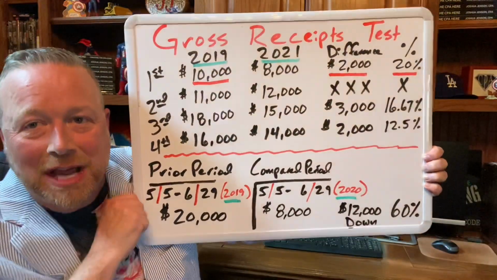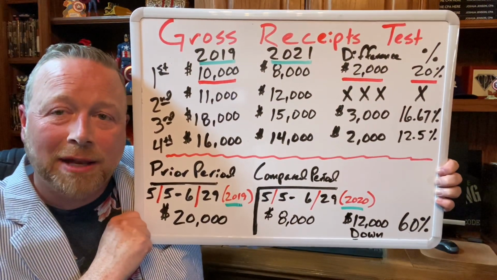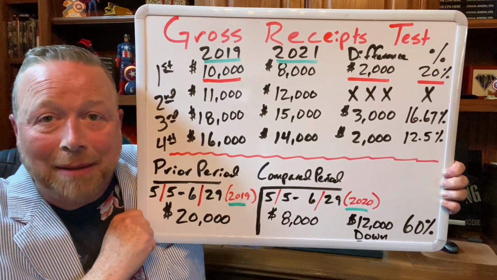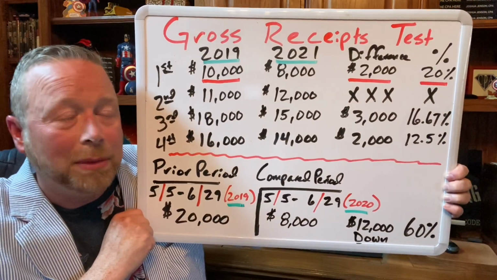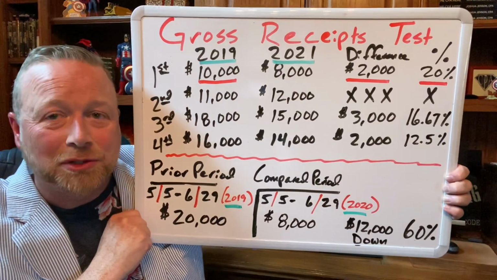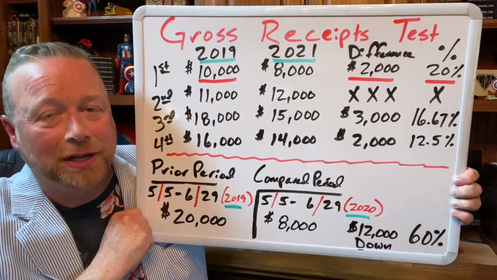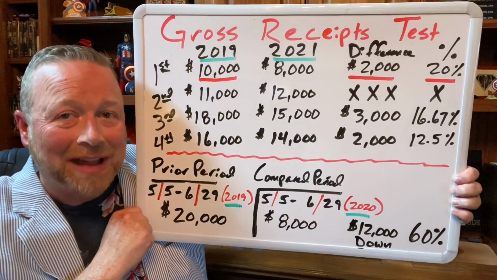So you can just take a screenshot of this, and then those of you that are still frustrated, just grab somebody that maybe can just take a look at this with you, but hopefully this will help you figure out if your gross receipts are down a certain percentage. But remember, all we're trying to figure out is, what is the percentage that the gross receipts are down?